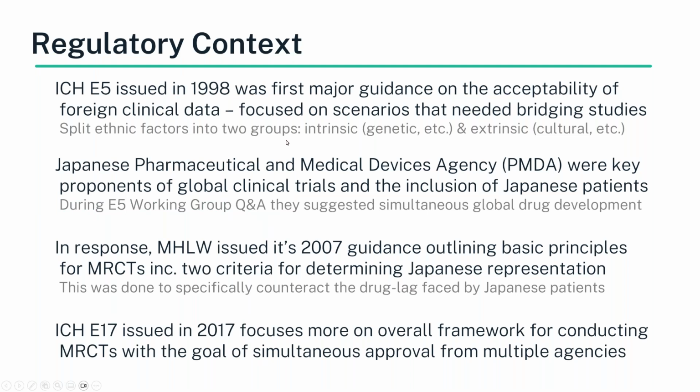So the first major guidance on the acceptability of foreign data was the ICH E5, which was issued in 1998. And the scope of this document was to try and minimize the need for duplication of clinical trial data by outlining and recommending strategies that can help with the acceptance of foreign clinical trial data, and when there may be potential reasons for populations to differ.